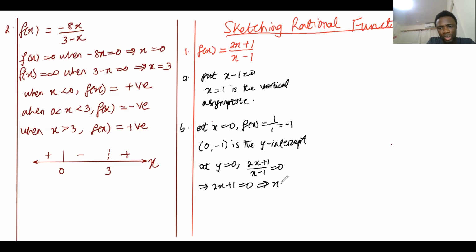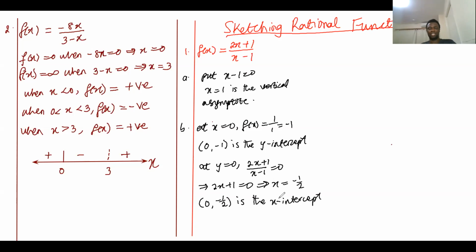That means x is negative half. So the other intercept is (negative half, 0). That is the x-intercept. So it says find the axis intercepts. Those are the two axis intercepts. C says rearrange the formula.